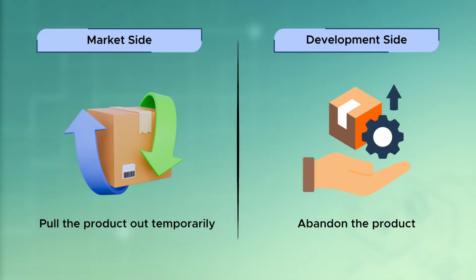That's your market side. The second part is the development side. If the development area doesn't move along successfully or fast enough, it is usually necessary to abandon the product, that is, to abandon the market opportunity, right?